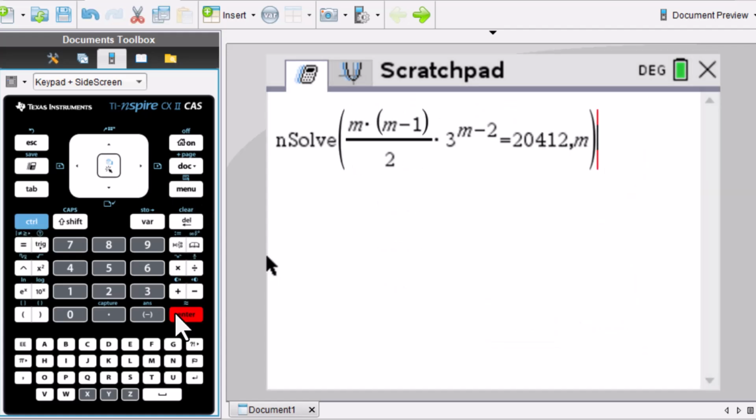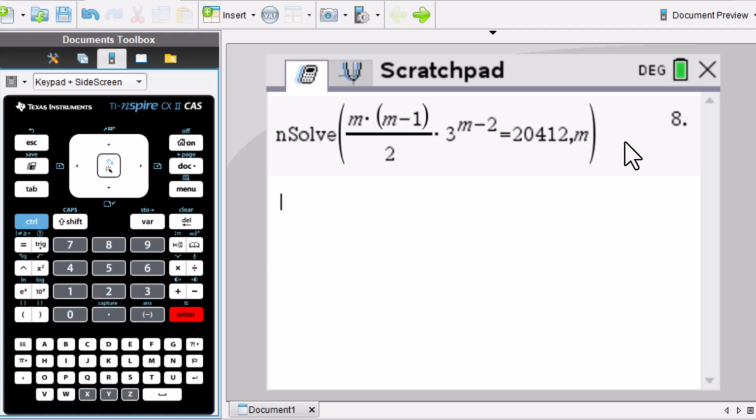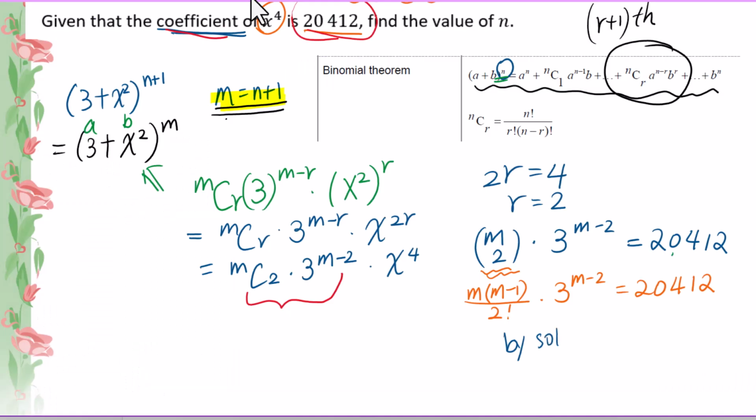Enter, enter, enter. You got the answer, m equals 8. So this is very important: for variable multiplication, you need to put a multiplication sign. By solver, m equals 8. We are looking for this n. n plus 1 equals 8, so n equals 7.